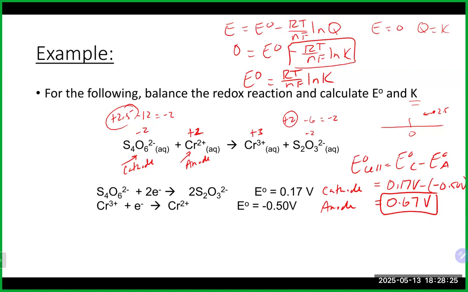Now we can put our numbers in there. The balancing here, perhaps a 2 there, a 2 there, and a 2 there to give us the right number of electrons in each. And n would then equal 2 in this case. And that is probably about it. There is no temperature, but we'll go with 298. That's what was assumed, maybe.